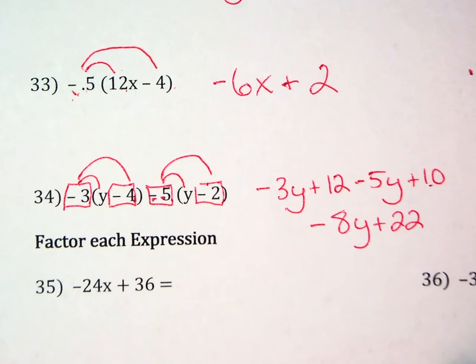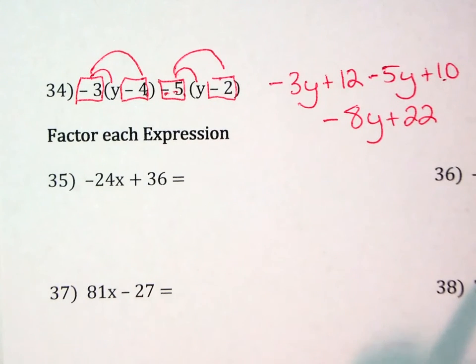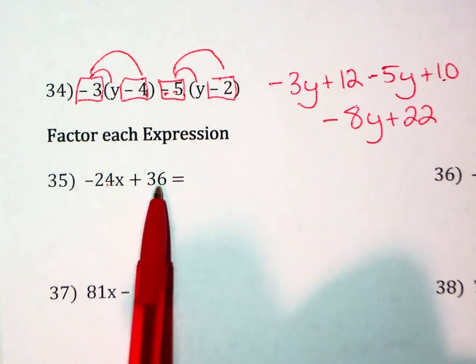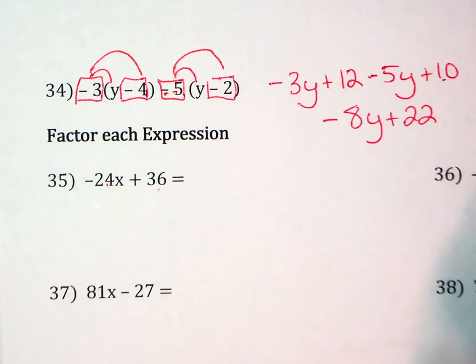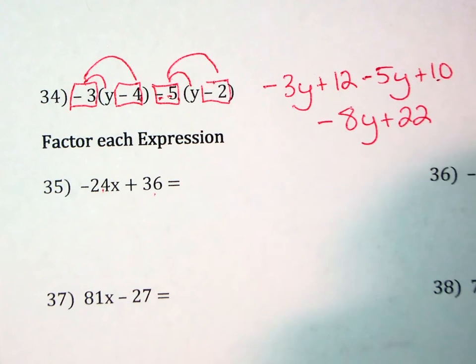Now that we've refreshed distribution, let's work backwards. Problem 15 says to factor each expression, and factor was when we would look for a GCF that was present in both terms that could be factored out and leave us with a simplified expression inside parentheses. So here we want to look at 24 and 36.